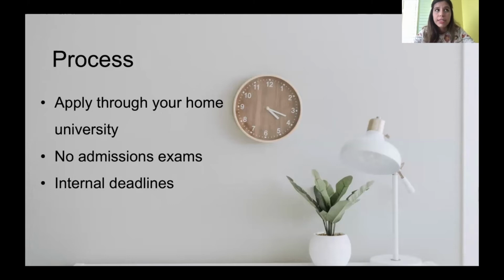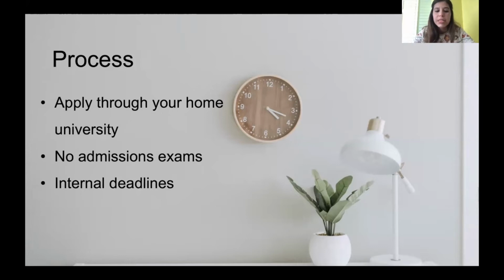So how it worked is, in December of my 1st year, I familiarized myself with the partner US institutions that my home university had on offer, and I made a list of my top choices. Every UK university will be different, but my home university allowed students to choose up to 5 universities that they wanted to go to, ranked from 1 to 5.